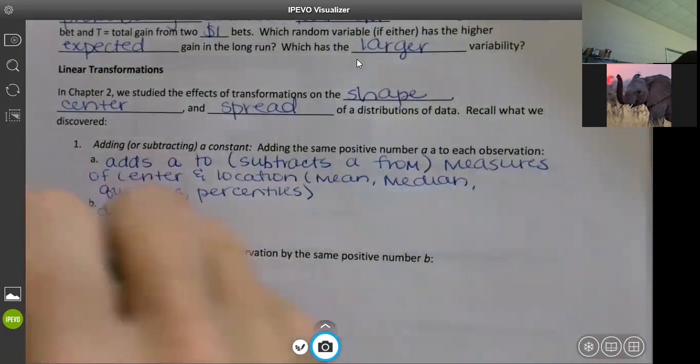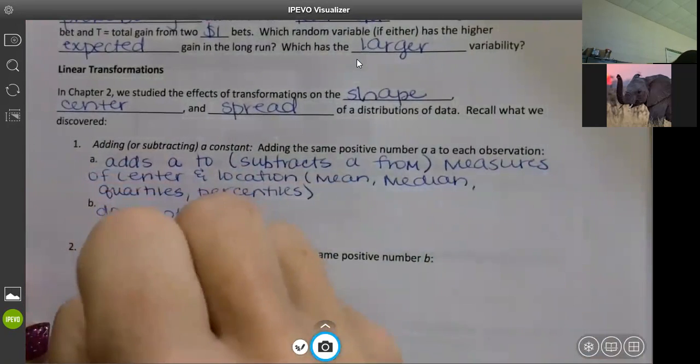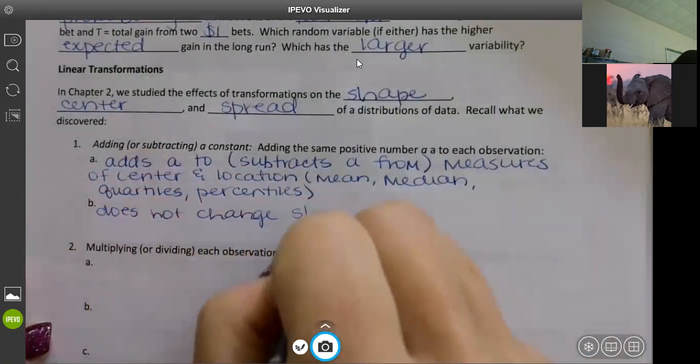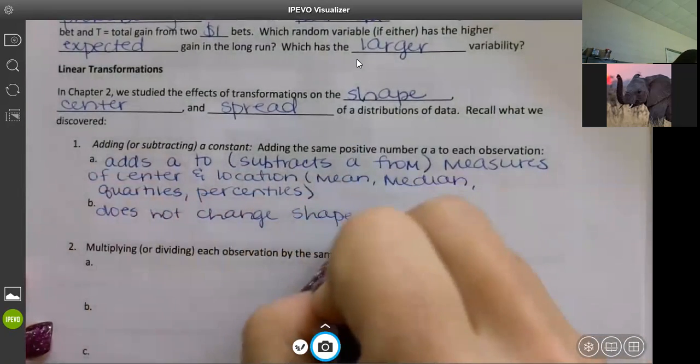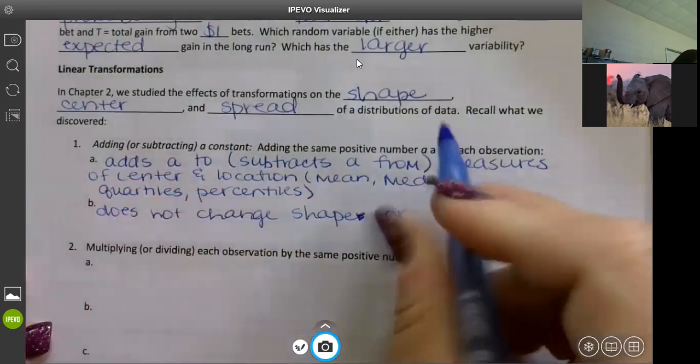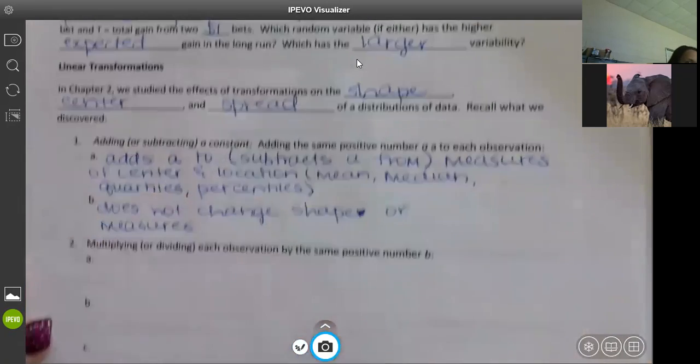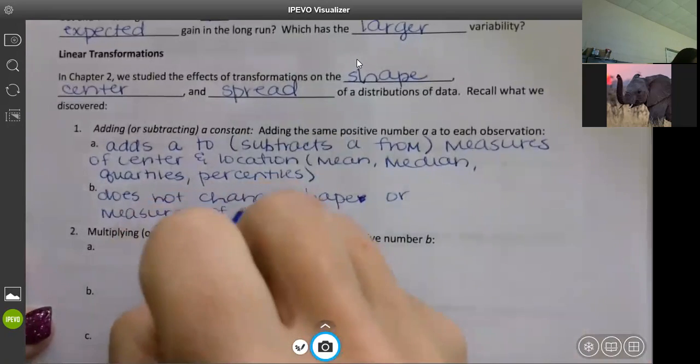Adding does not change the shape, or measures of spread.